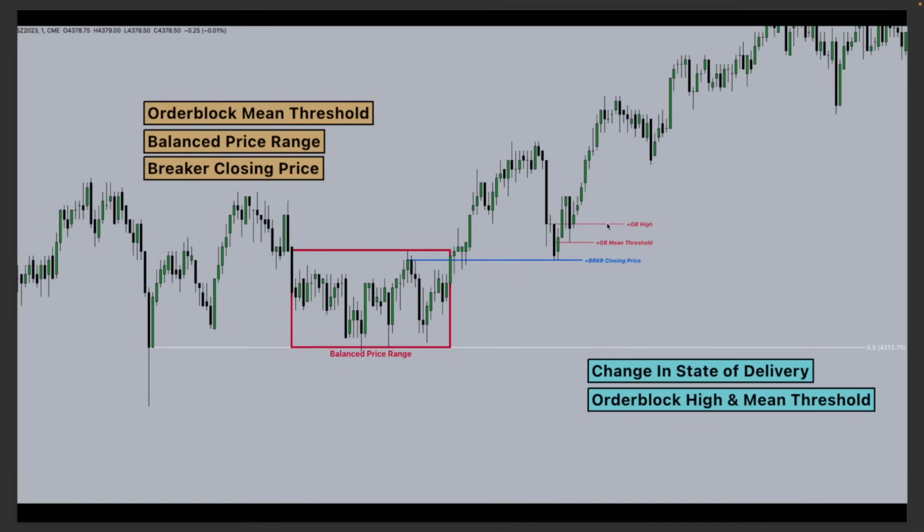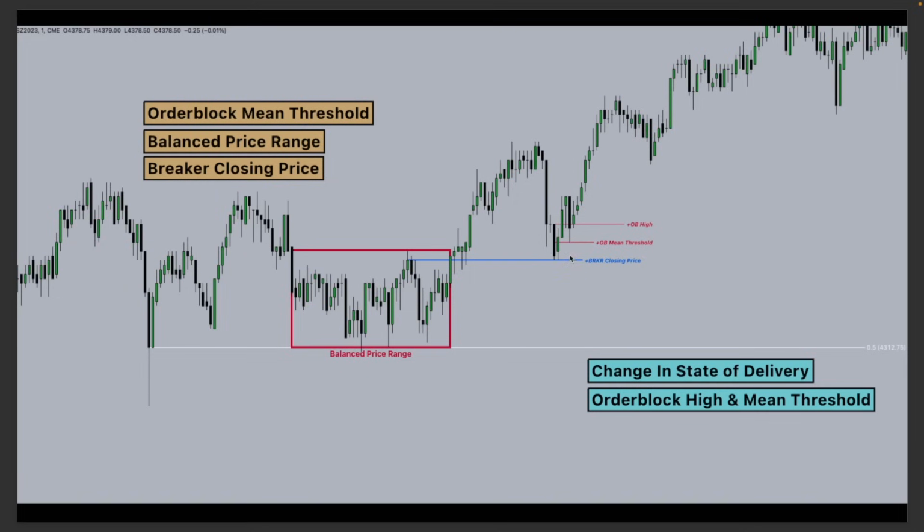Okay, so if you were to frame a trade idea around this, after the mean threshold of this original order block, supporting price, after this balanced price range, supporting price, after this breaker, closing price, supporting price to the tick, after this mean threshold, supporting price to the tick, what should you trust? Price shouldn't need to go back down in here.